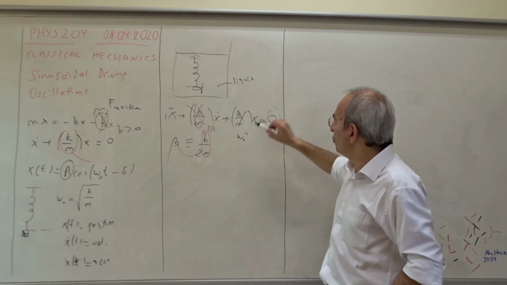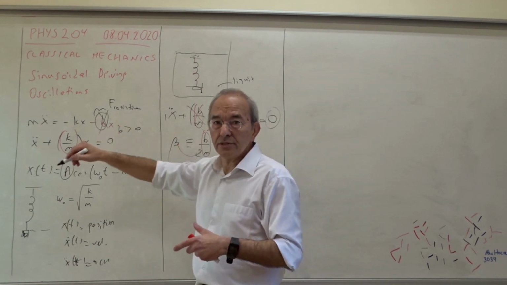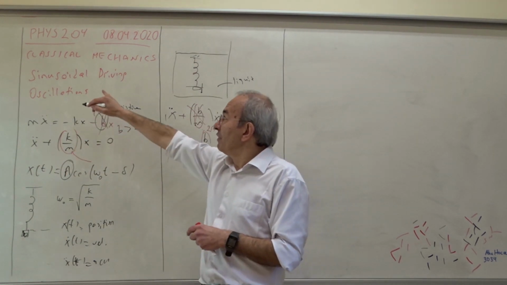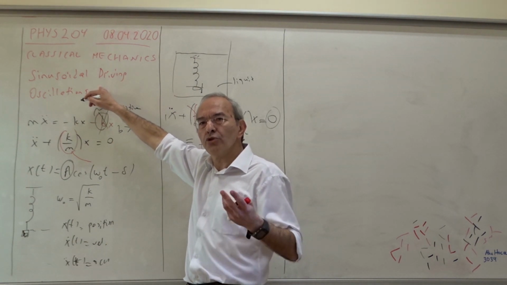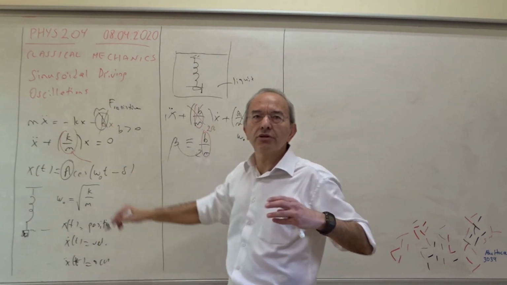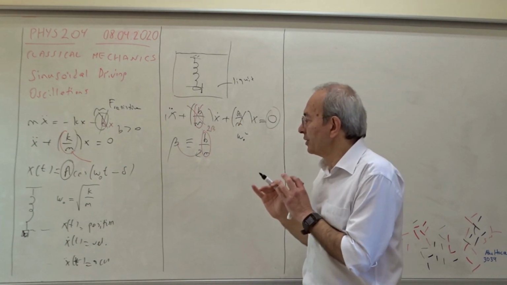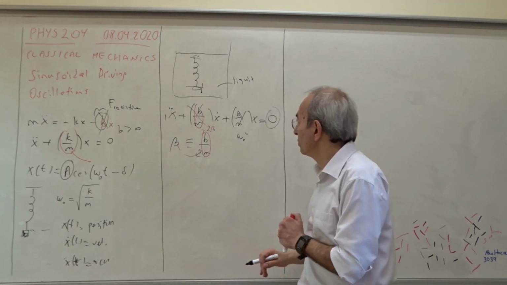Homogeneous means you have a 0 on the right hand side. But today, as I will try to show now, we will have a term on the right hand side, not 0 but a positive term, which is time dependent. It is sinusoidally varying.